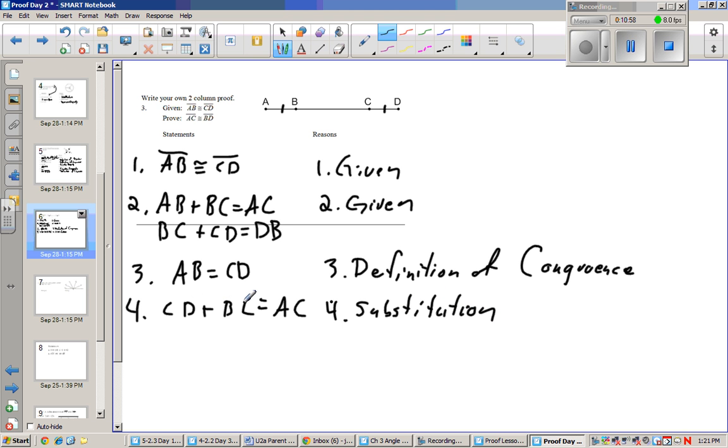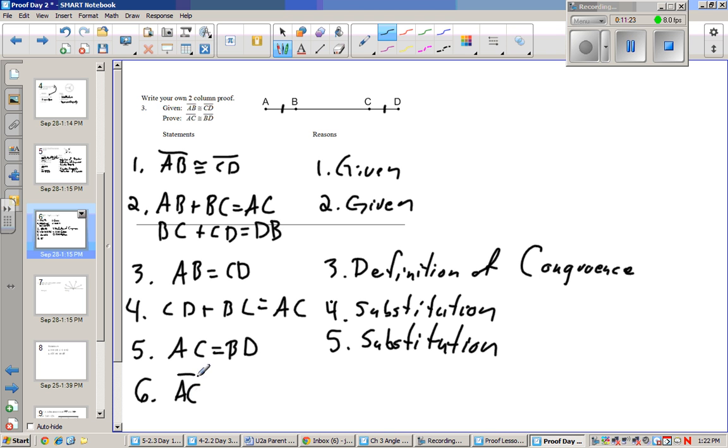But now if BC plus CD equals AC, and that same thing equals DB, then we know AC has to equal DB or BD. And that's substitution or transitive. Now once we know that, we can say they're congruent. And that's just the definition of congruence.